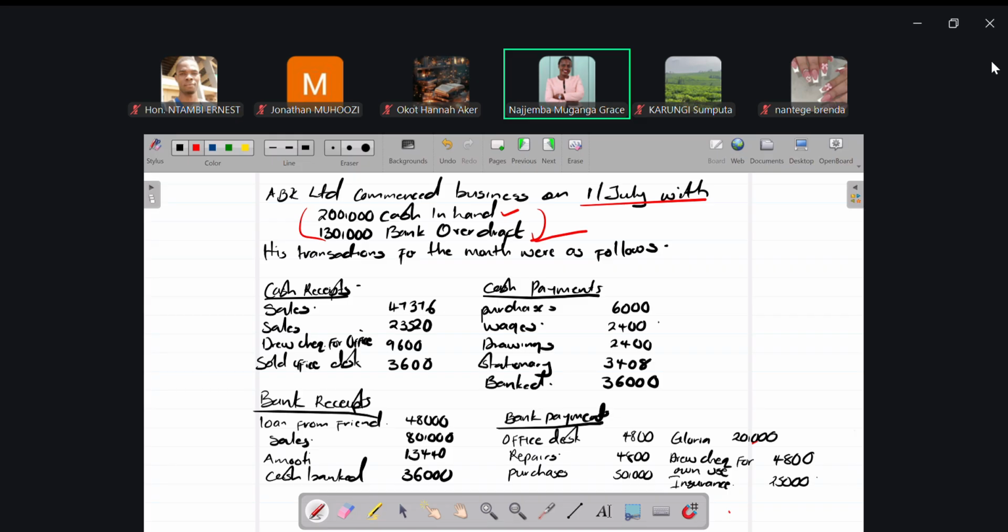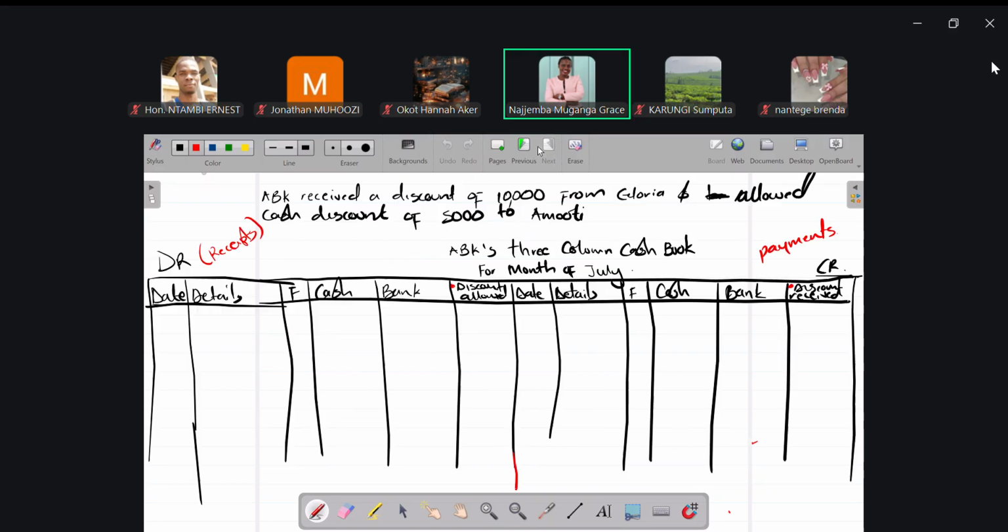So it means we had money. If the question is silent, we assume this is a debit balance. Cash increases on the debit. So we had money, 200,000. Receipts are debited. Details, this is known as a balance brought down under cash, 200,000.